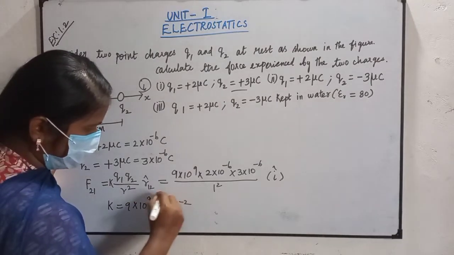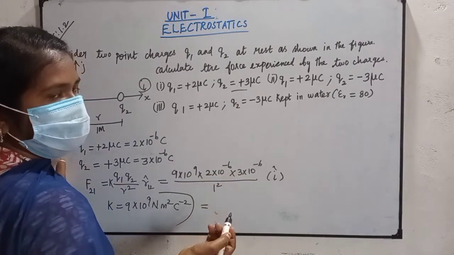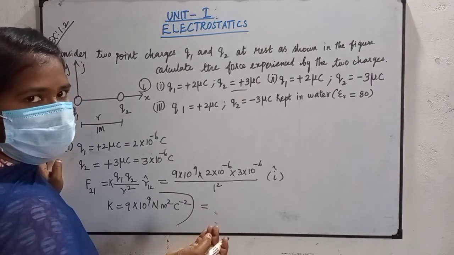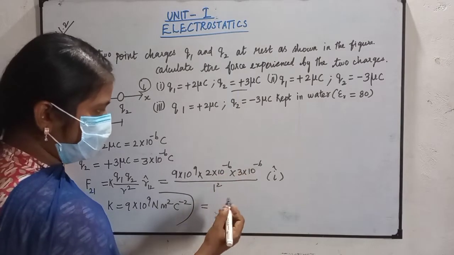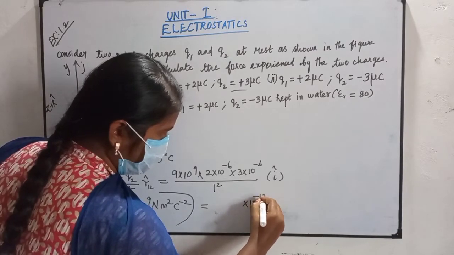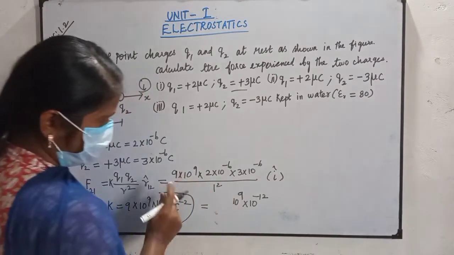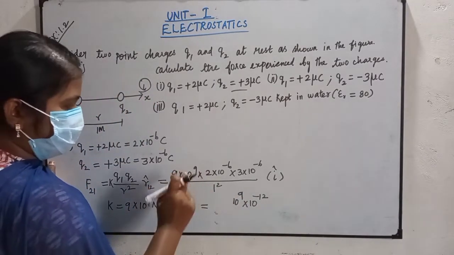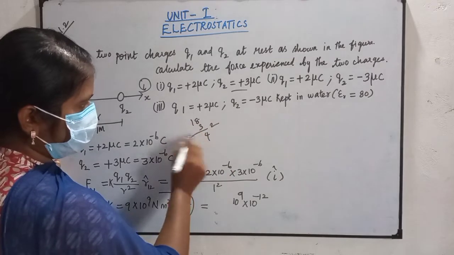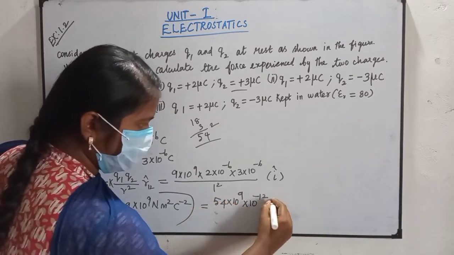Now we simplify. The powers of 10 we always have to add or subtract; we cannot divide or multiply them. So minus 6 and minus 6 is minus 12, so 10 to the power minus 12. First of all, we simplify the powers. Here we have 10 to the power 9. Now we multiply the values. 9 twos are 18, 18 threes are 54.